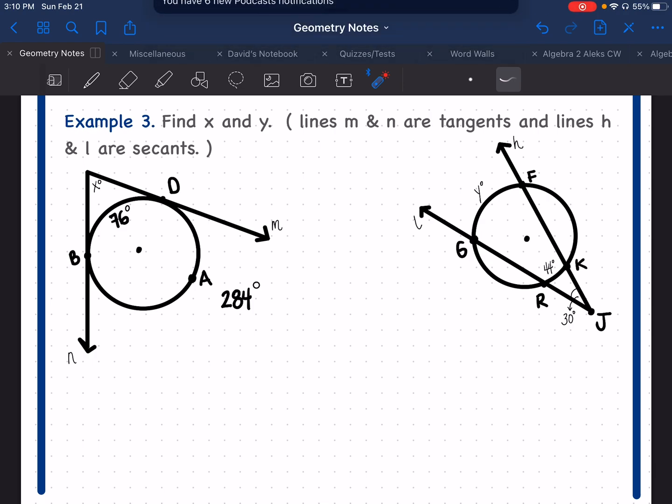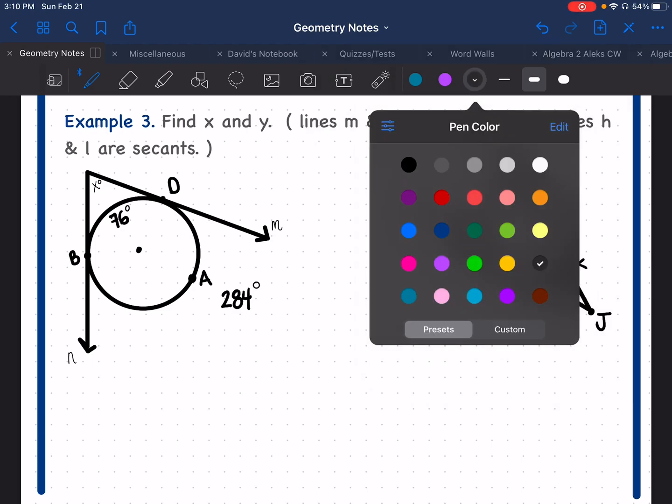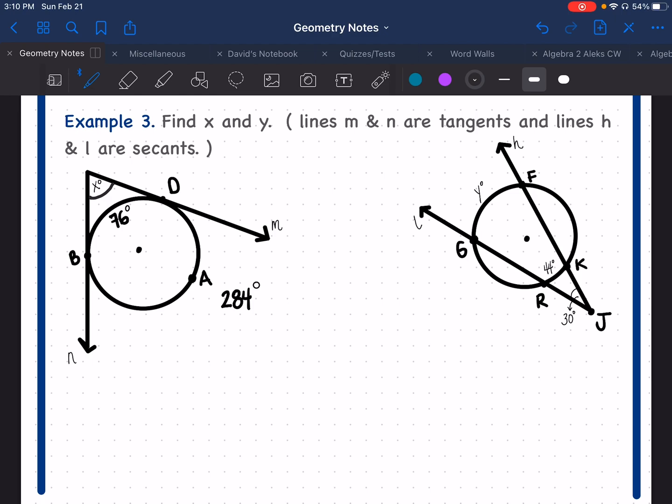So here we go. Let's take a look at our arcs. This is the angle they want us to find. Here is the inside arc, and here is the outside arc. Everything is measured for me.